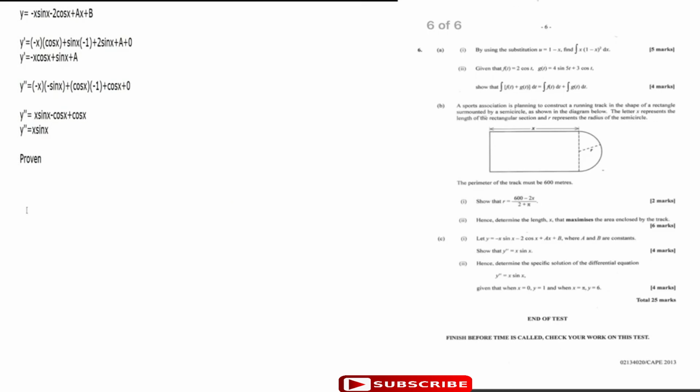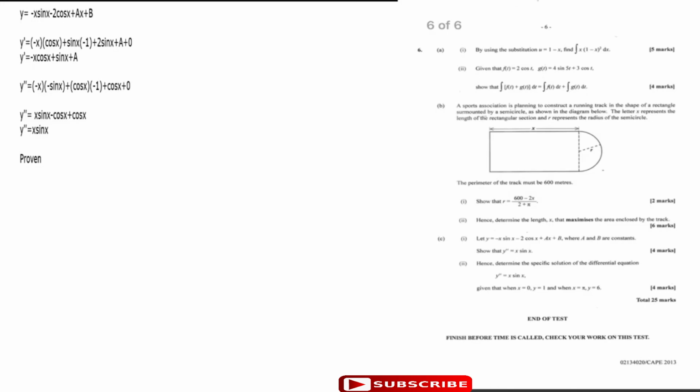Now the second part. The second part is a hence. Anytime it's a hence, you're going to utilize that. It says hence, determine the specific solution. All right. Now, hence, y double prime is x sine x, so hence just means that this is y.